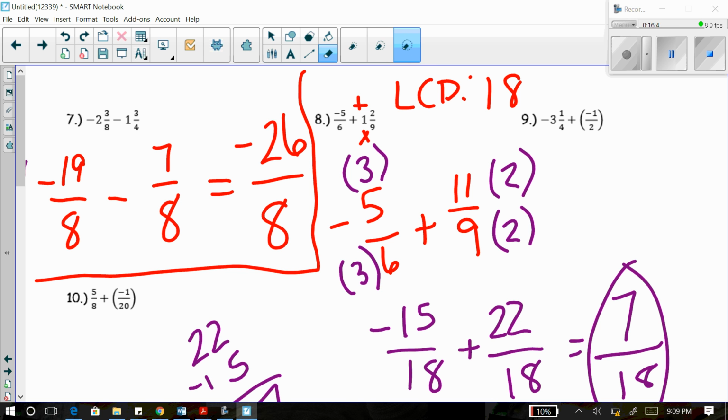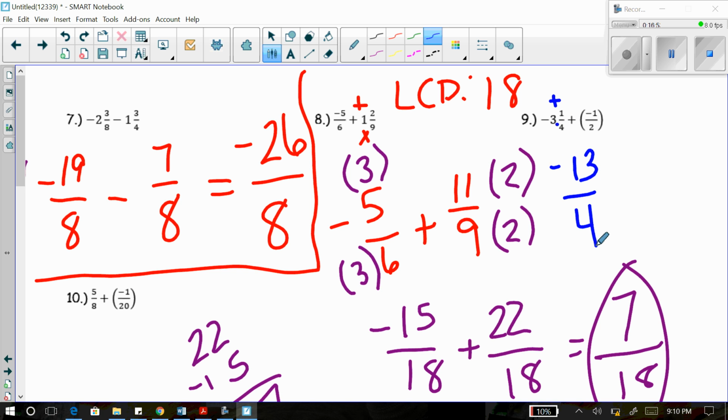So change your mixed numbers to improper fractions. 4 times 3 is 12, plus 1 is 13. So negative 13 fourths, plus negative 1/2.